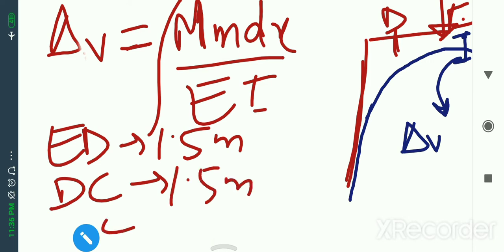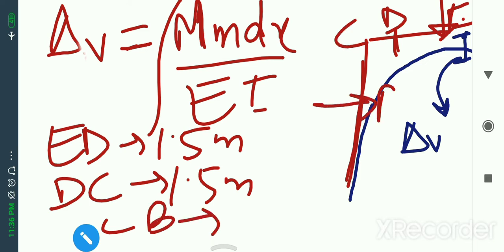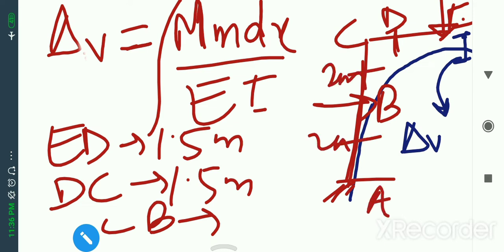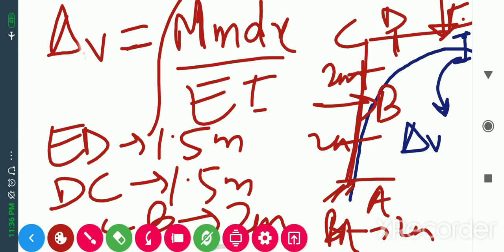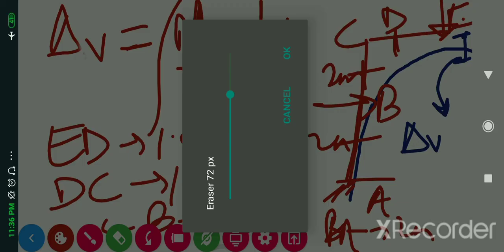For CB, what is the length of CB? It's actually CB, and this one is A. So CB, it is actually 2 meters, and this is 2 meters. So for CB, the limit is 2 meters, and for BA, it will be 2 meters. So let's carry out with these calculations.